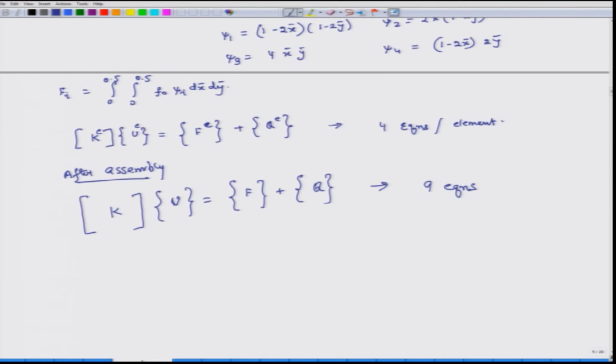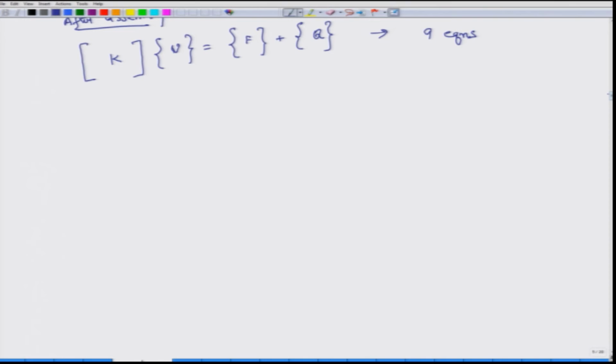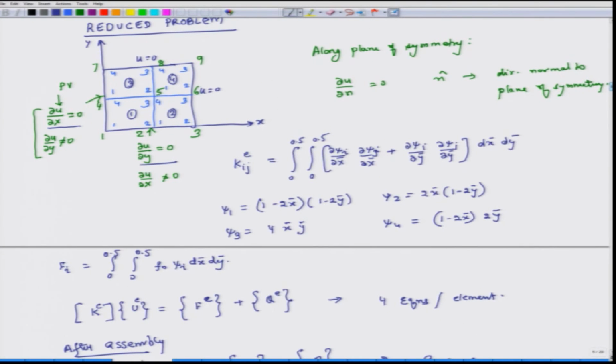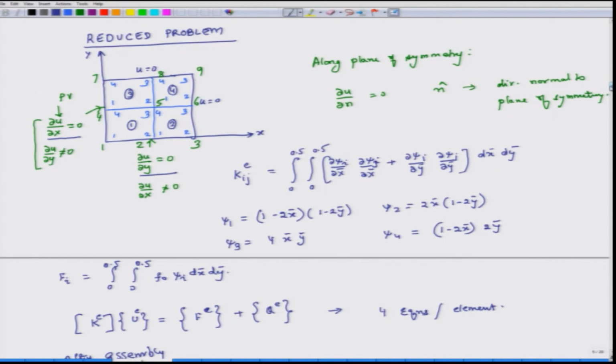Okay. So, what we will do is, I get 9 equations and then I apply boundary conditions. Before I apply boundary conditions, what are the boundary conditions? First, related to the primary variables, right.